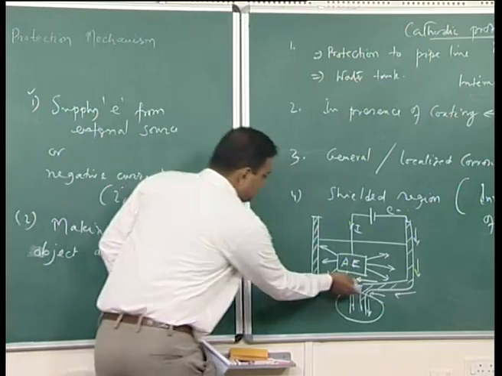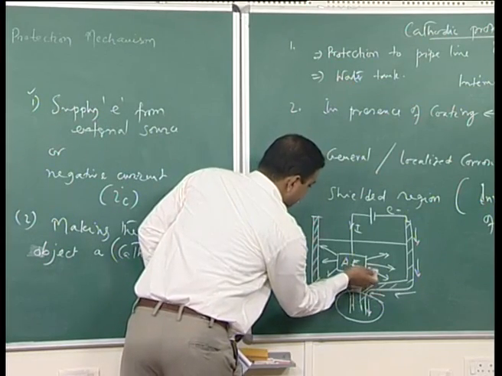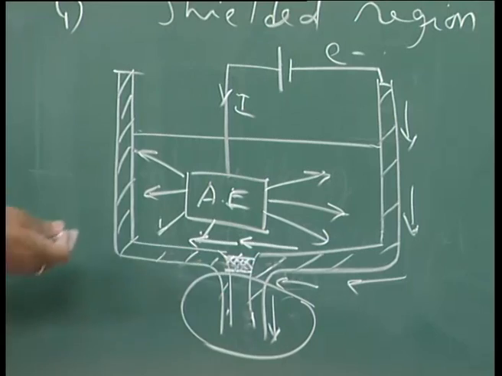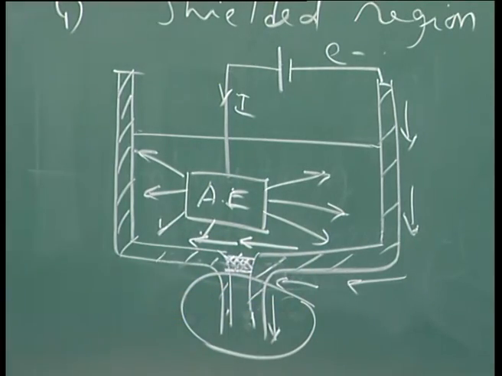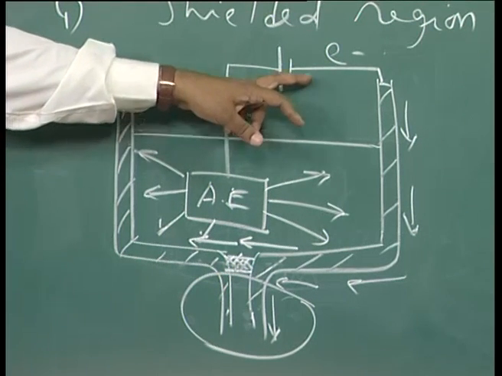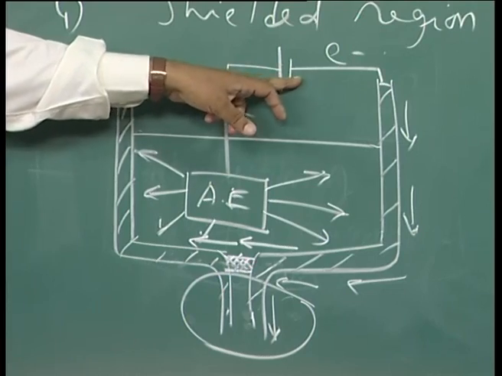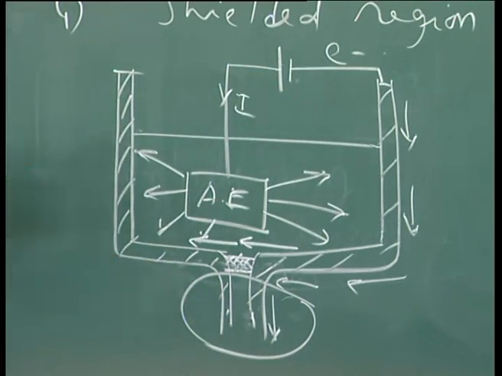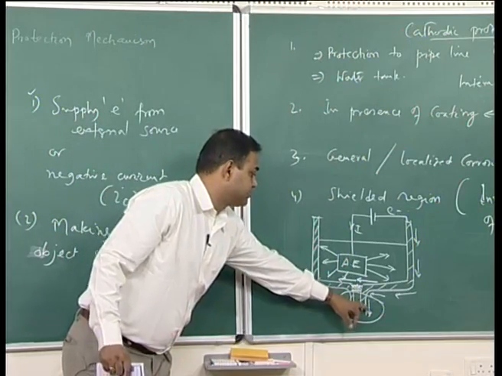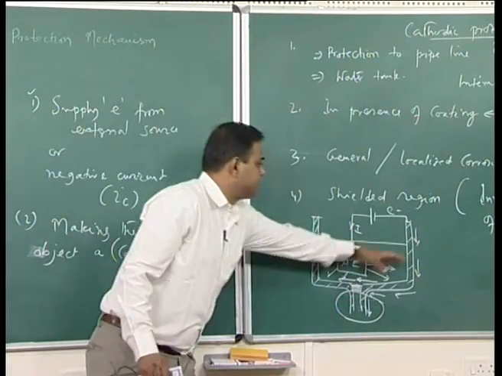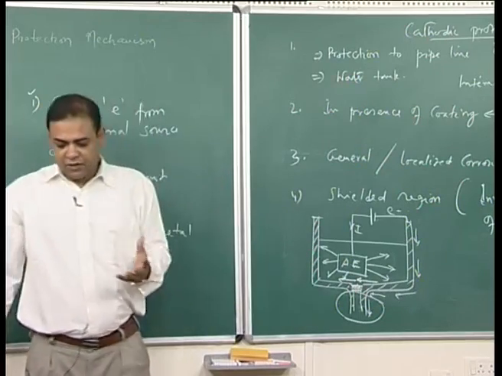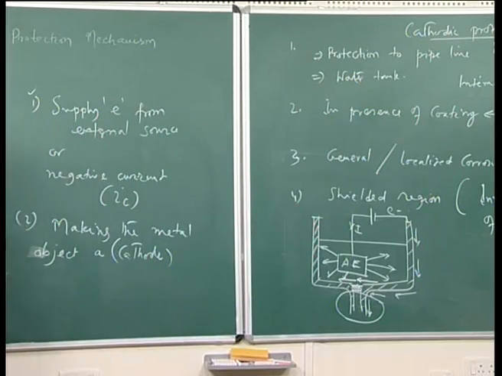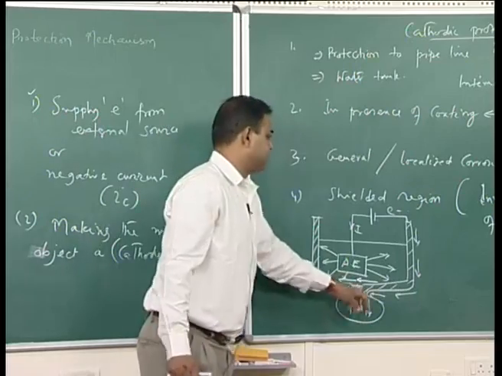The shielding prevents electrons from flowing into this part, and it will not be under cathodic protection. Initially the power source is designed such that the lower part will also be protected, but actually we do not see any protection to the lower part, only this part is getting protected. So, the actual function we had thought of is not met. This is a case of shielding.